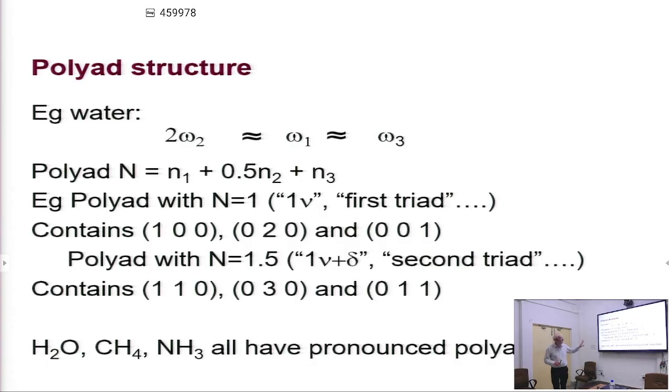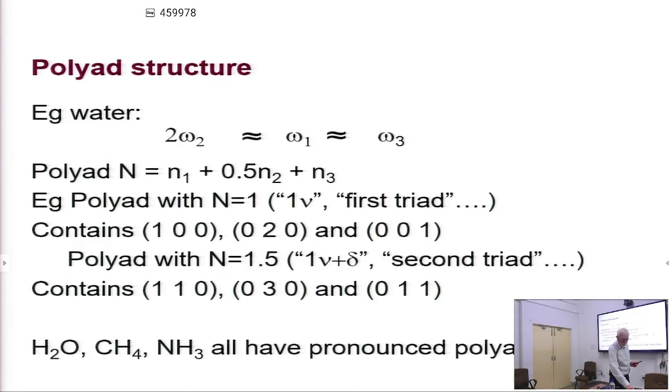So unfortunately, as I say, this polyad convention seems to be molecule specific. So if you work on one molecule, you just have to learn how people describe the polyads. But I won't go beyond water here. So as I say here, water, methane, ammonia all have pronounced polyad structures in them, and you can label the things by polyads.